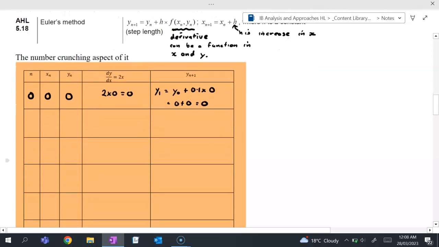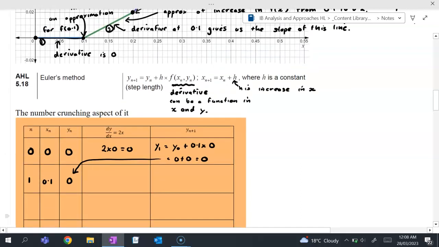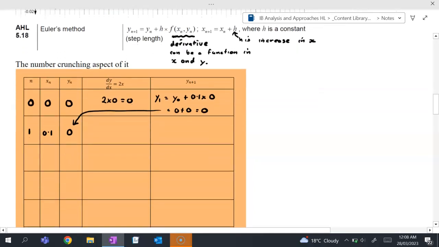Now after step 1, we've got an x value of 0.1 and a y value of 0. So we read off the y value from the last column in the previous row, and that gives us our y value for the next row. And that makes sense, that's what we found here. This is the point 0.1 in the x, 0 in the y.